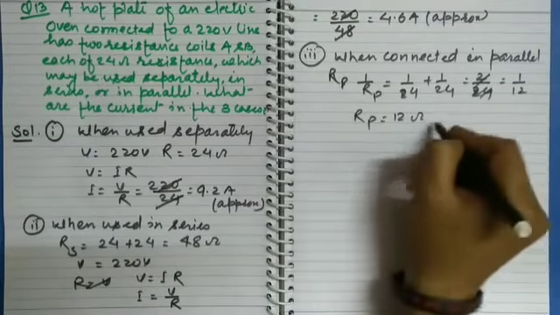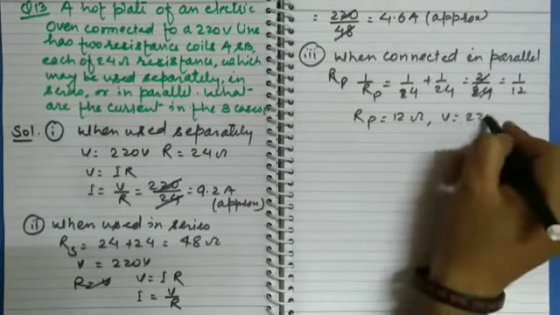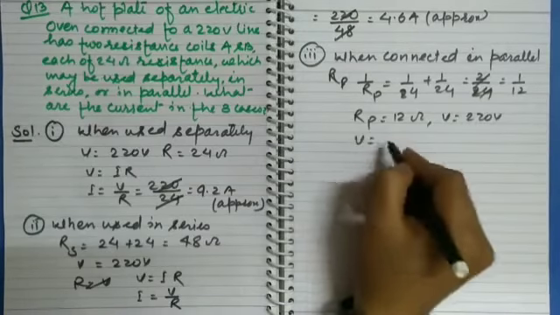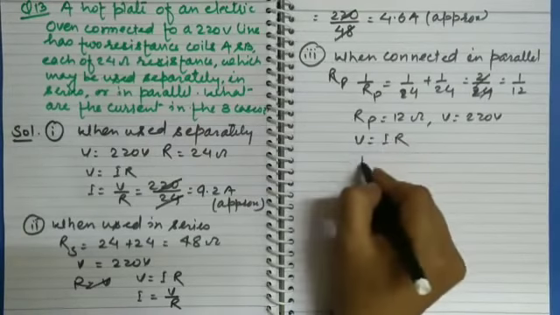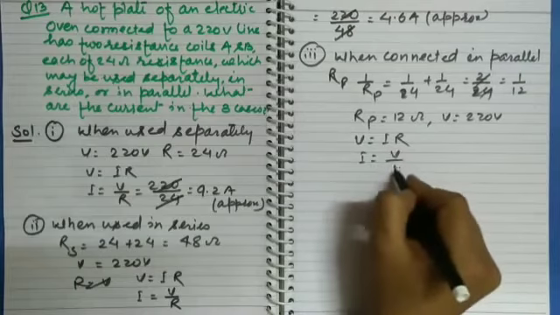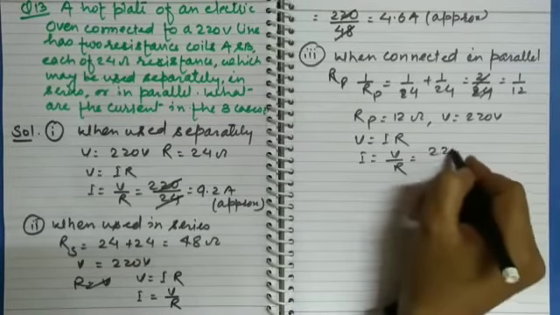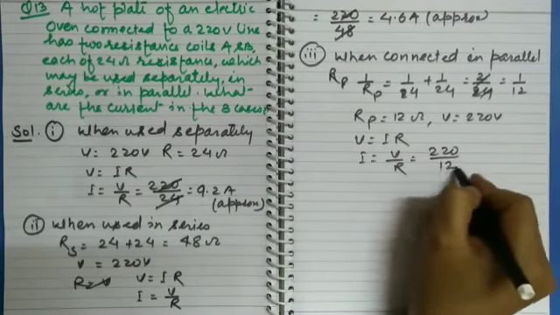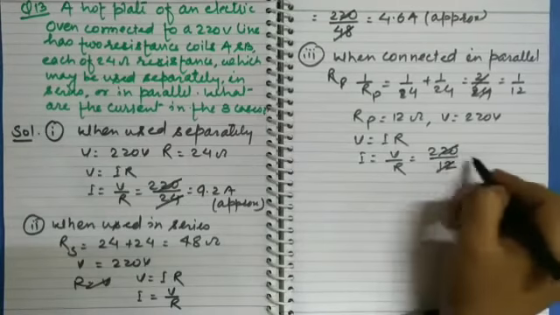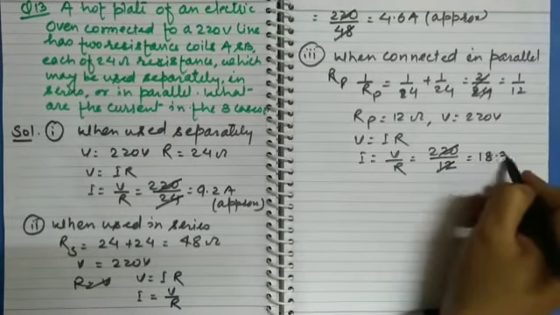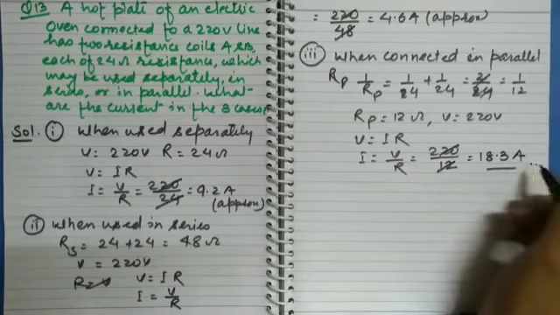V equals 220 volt, V equals IR, so I equals V by R, and 220 by 12 is approximately 18.3 ampere.